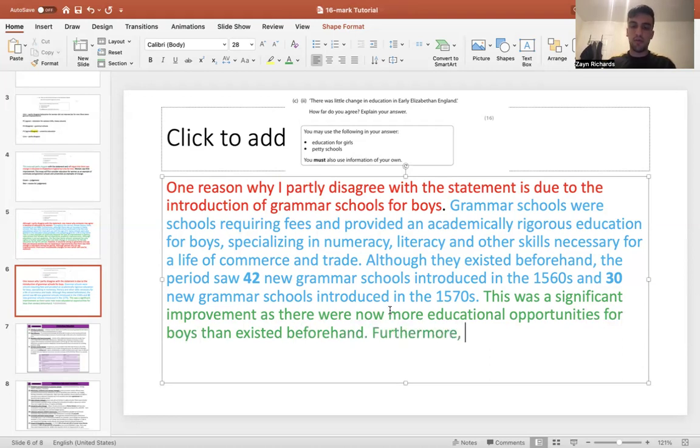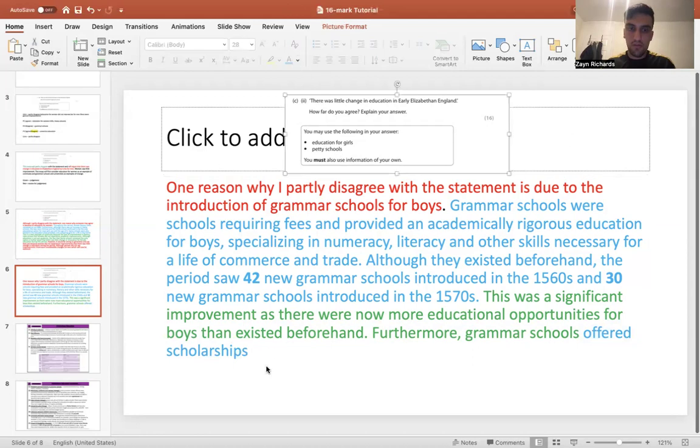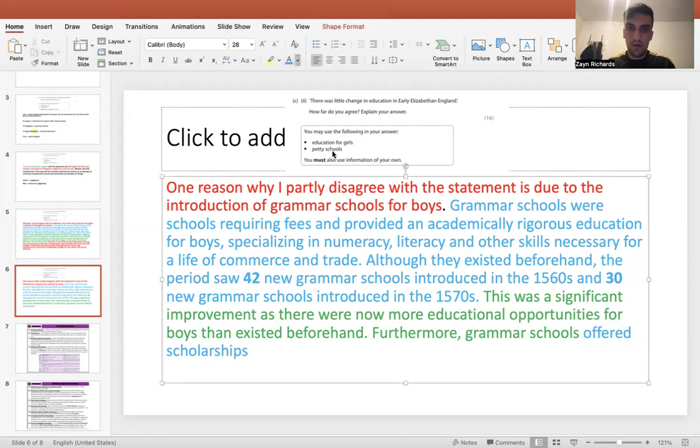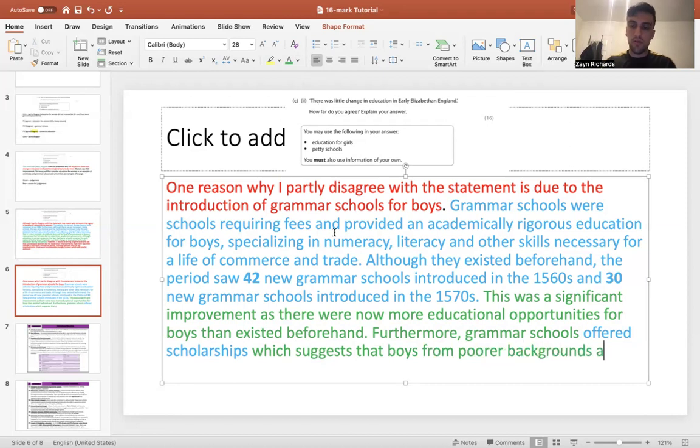Furthermore, grammar schools offered scholarships. So I'm putting a bit of evidence in here, which suggests that boys from poorer backgrounds also benefited from this new form of education, albeit to a lesser degree.